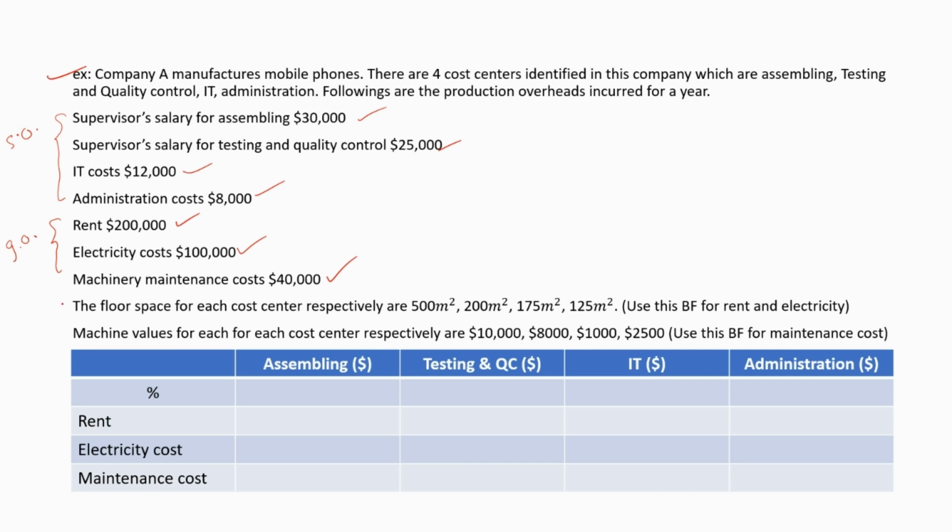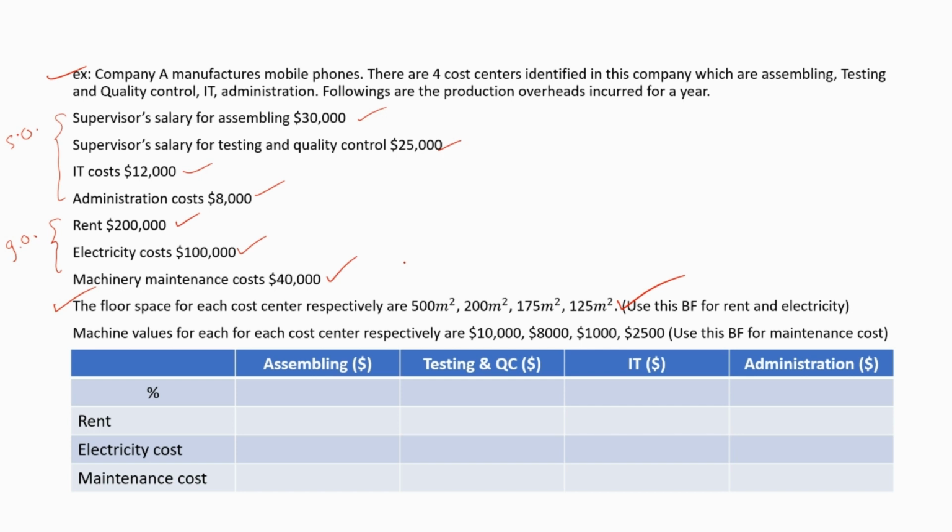So they have given two base factors. The floor space for each cost center respectively are 500 square meters, 200 square meters, 175 square meters and 125 square meters. And they are telling us to use this base factor for rent and electricity. Meaning we can use this base factor to apportion the rent and electricity costs among the cost centers. This is how we can do this.